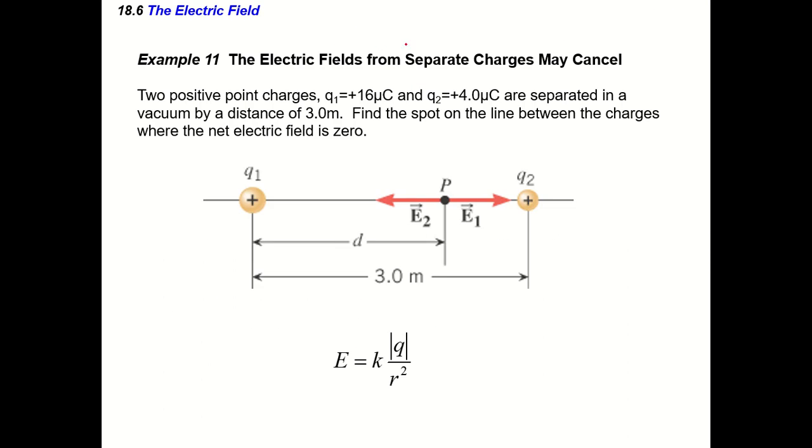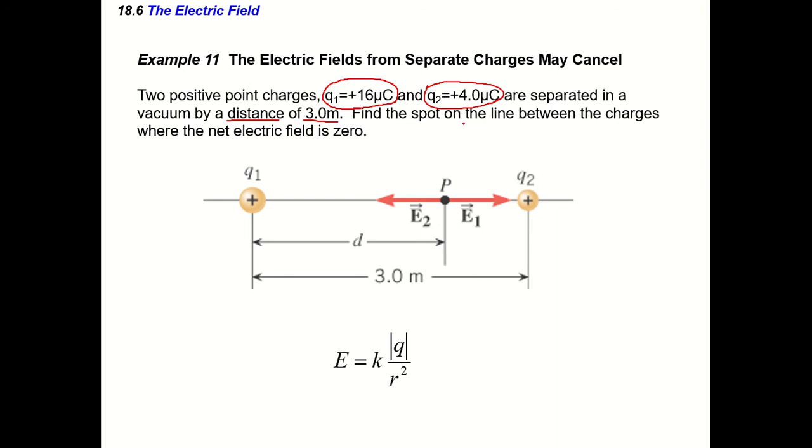So another example here, the electric field from separate charges may cancel. Two positive point charges. If you have two positive point charges like this one, example, Q1 equal to positive 16 microcoulomb, and Q2 equal to positive 4 microcoulomb, are separated in a vacuum at a distance of 3 meters.